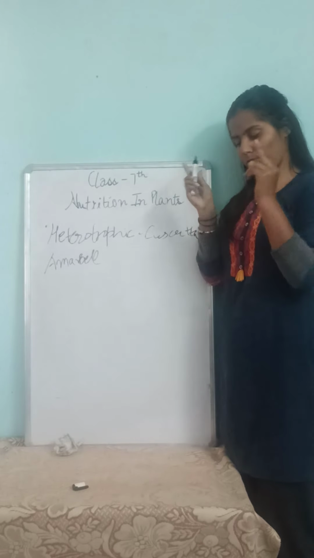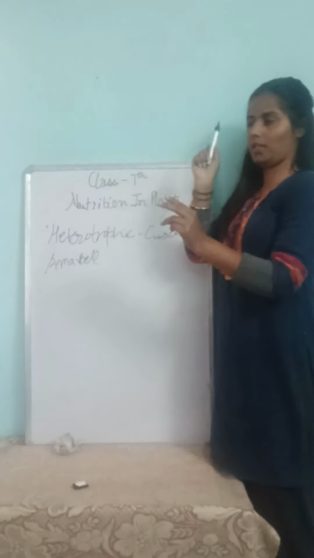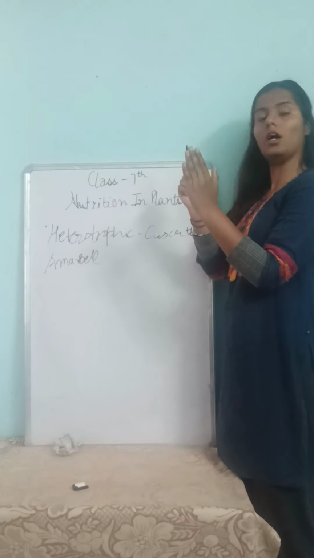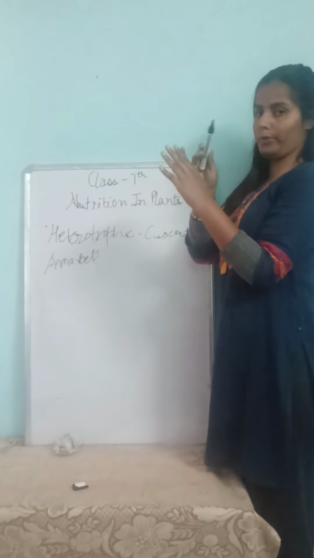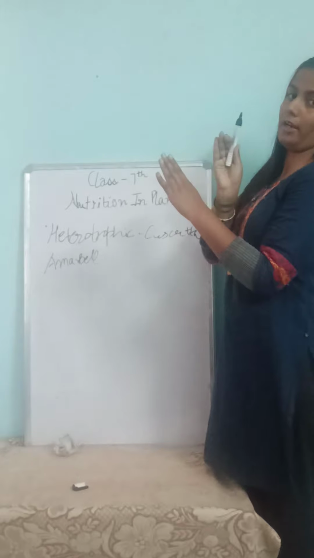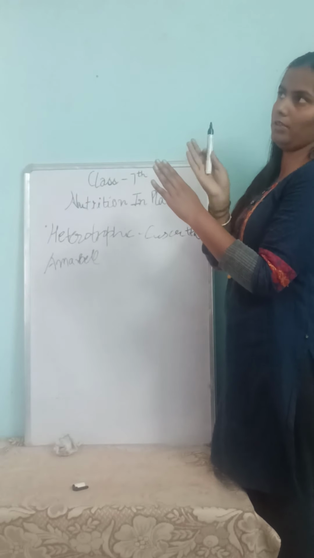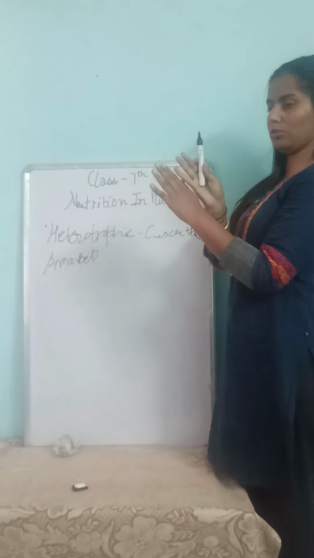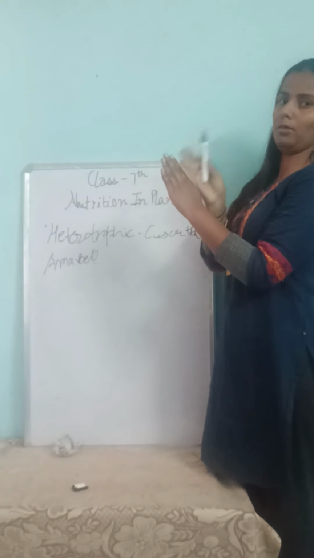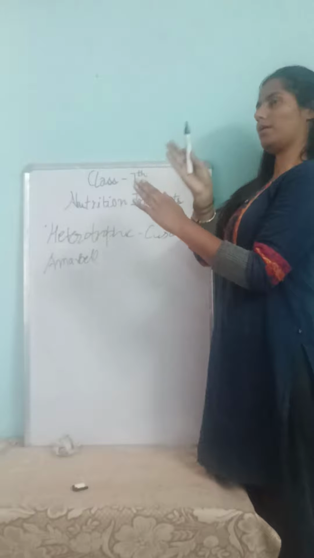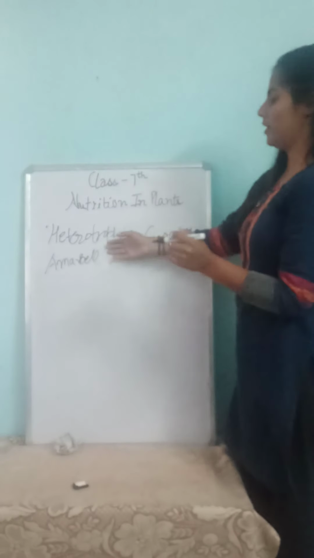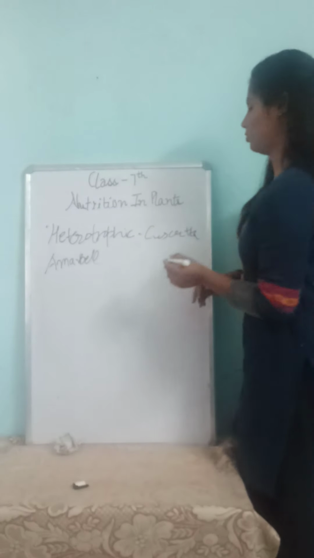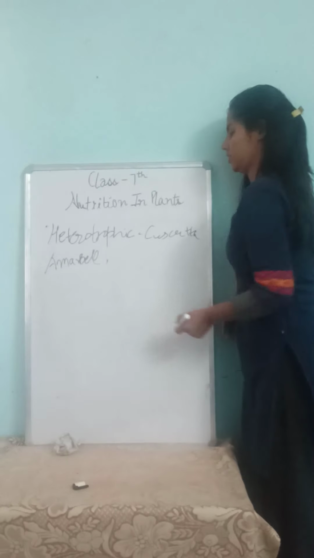Like there are two plants: this one is amarbel and this one is the other plant. It will climb onto the other plant and take its nutrition. So it is dependent on the other parts. The example is amarbel or cuscuta.